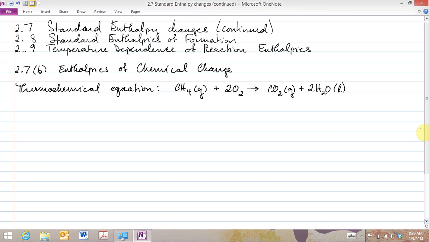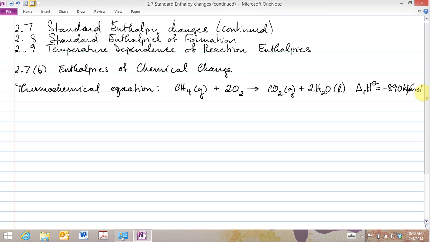What makes this a thermochemical equation is that we have the reaction accompanied by the reaction enthalpy. Together, these two components make up the thermochemical equation.